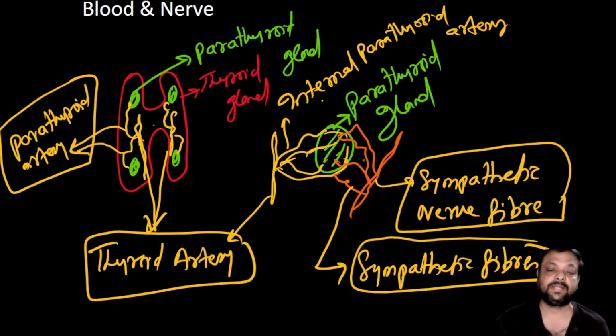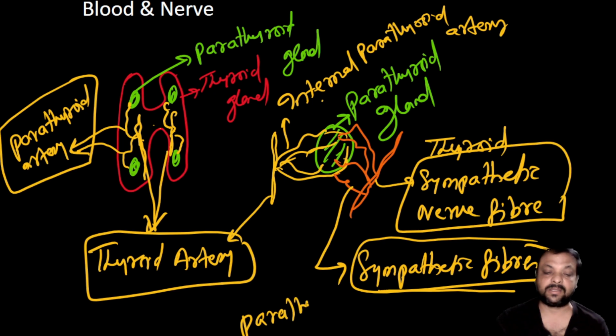Alongside, we also find the main nerve, the thyroid sympathetic nerve fibers. These give out branches called parathyroid sympathetic fibers, and these supply nerves to the parathyroid gland.